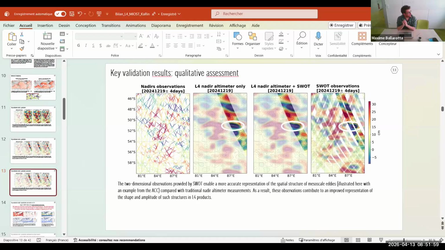So in the experiment that I perform, I quantify a kind of proxy of error that I was performing with a classical level 4 product and SWOT track, where you still may get some unbalanced motion.